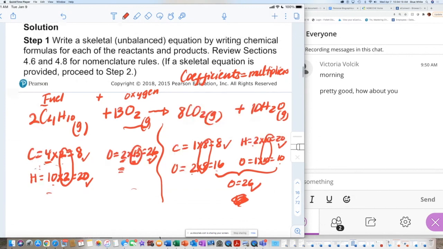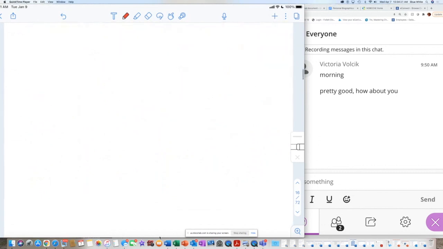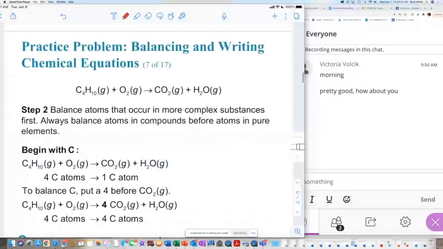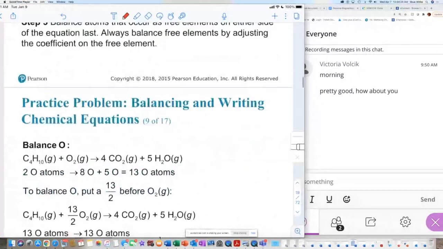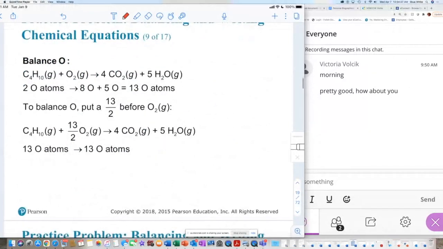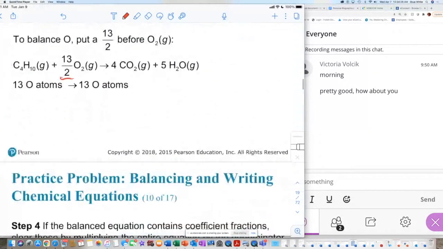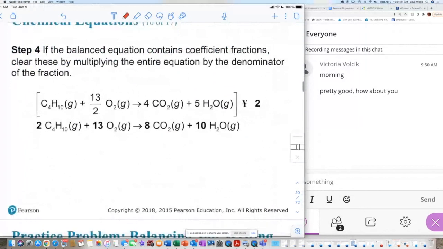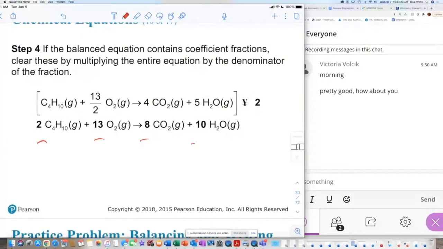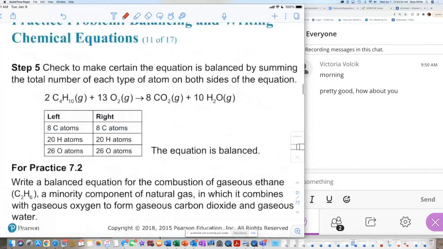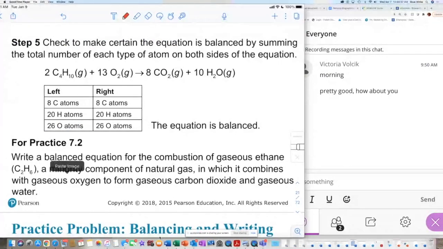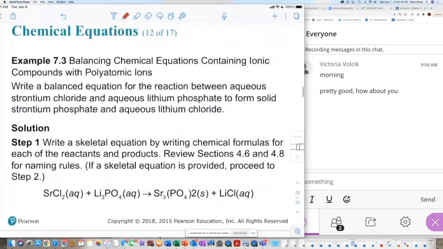It's balanced up here, okay? So they work it out. They use fractions. You can use fractions if you want, but in the end, they double everything and they end up with that. There are so many different methods of how to balance the equation, but that's what we get to.